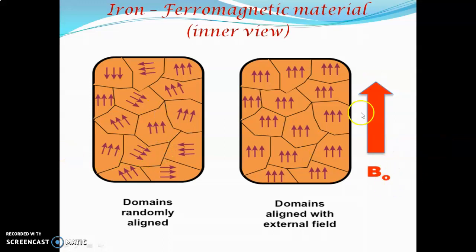Now if you apply a magnetic field, all the magnetic moments are aligned parallel to the magnetic field. So this will become magnetized. What will happen? All the magnetic moments align properly, parallel to the external magnetic field.